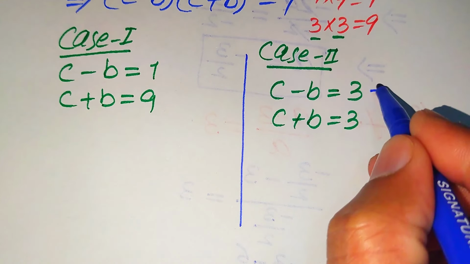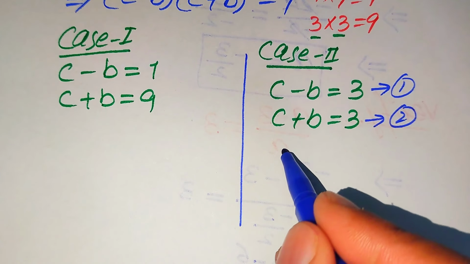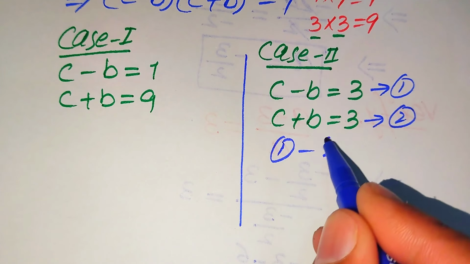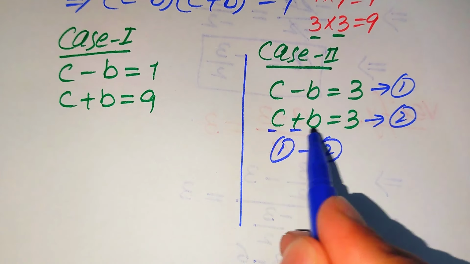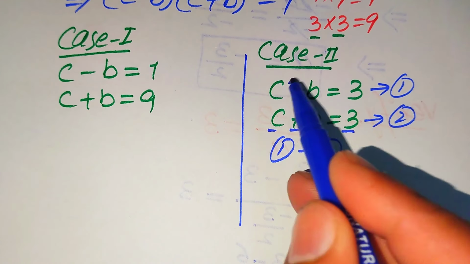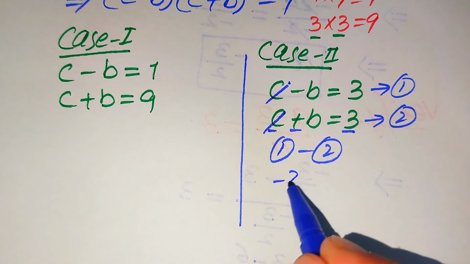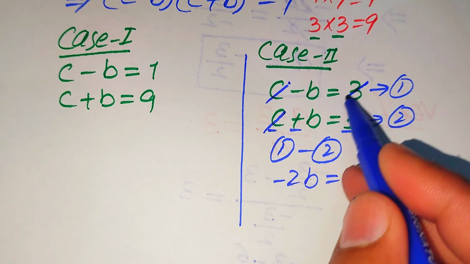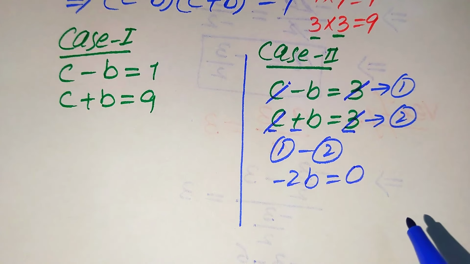In the second case we call these equation number 1 and equation number 2, and we subtract equation 1 from equation 2. When we subtract these two equations, we change the signs, so positive c and negative c are gone, and minus b and minus b becomes minus 2b. The other terms are also gone, and we get 0.